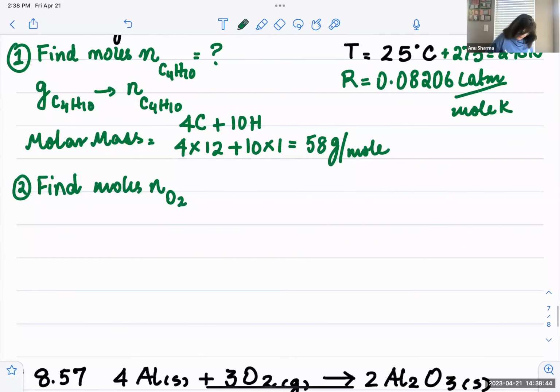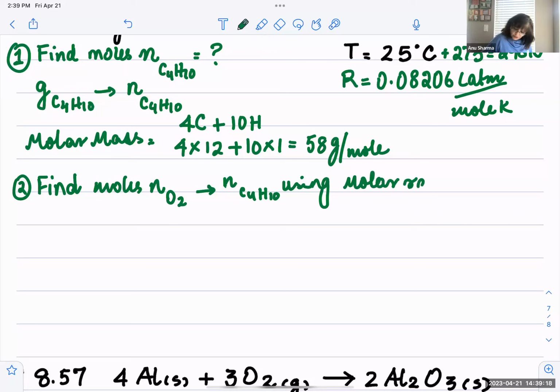You take the moles of butane, n of C4H10, times the mole-to-mole ratio, using the molar ratio between the two, oxygen and butane.